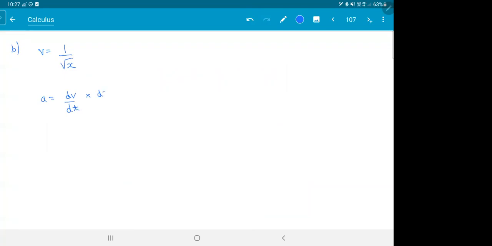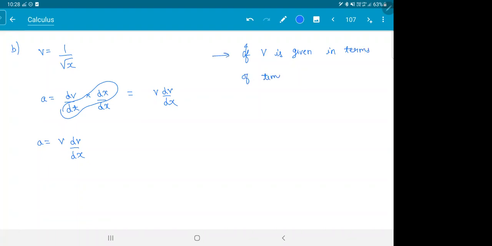Multiply and divide by dx. We have done this before. This becomes velocity. This is another form of the acceleration formula: v into dv by dx. So whenever v is given in terms of time, use acceleration is dv by dt.